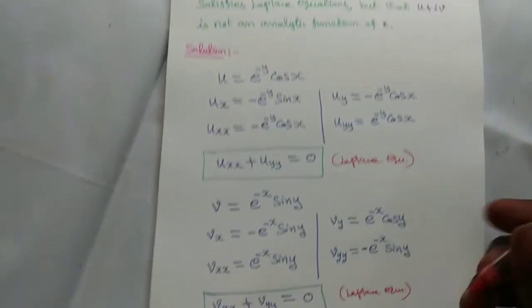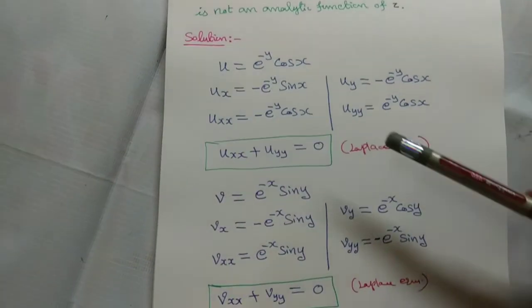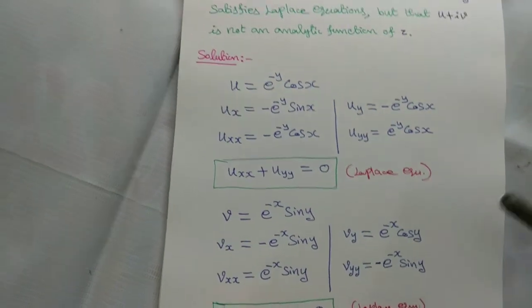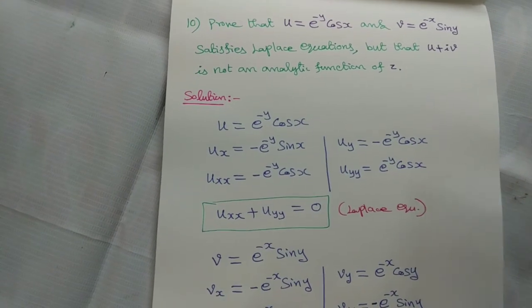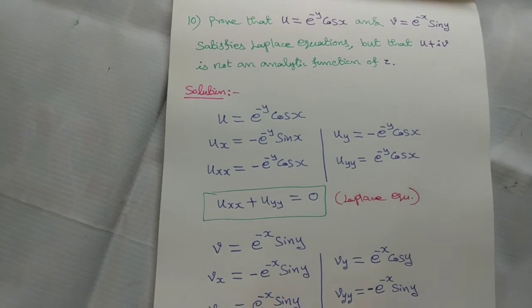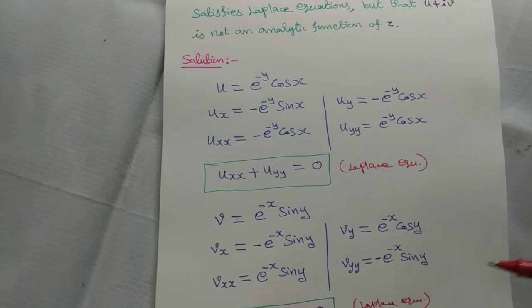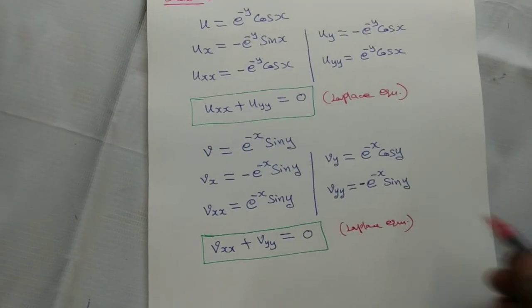But the question is, prove that both u and v satisfy the Laplace equation. Okay, both satisfy the Laplace equation, but u plus iv is not analytic. Is u plus iv an analytic function or not? To verify this, we have to compare with the CR equation. What is the CR equation? Listen carefully.